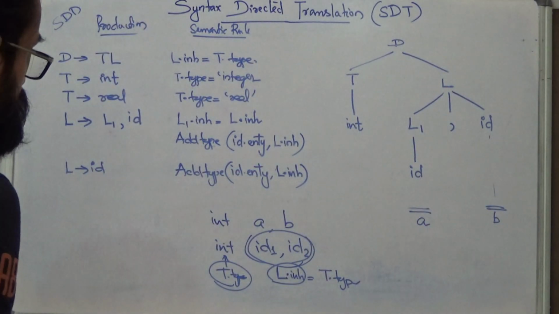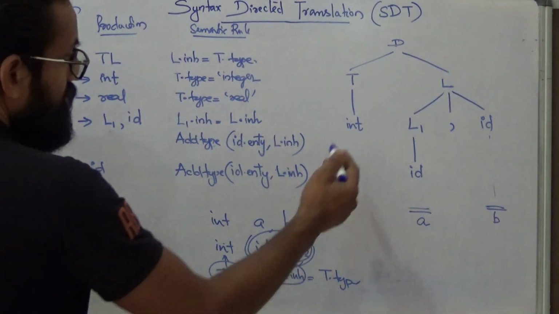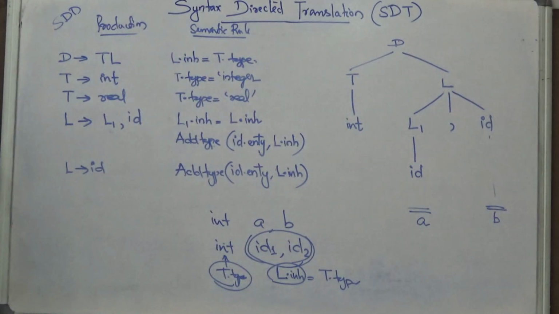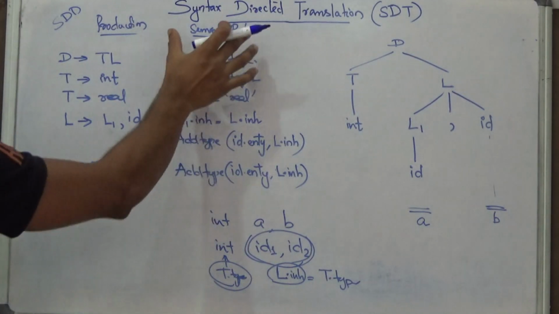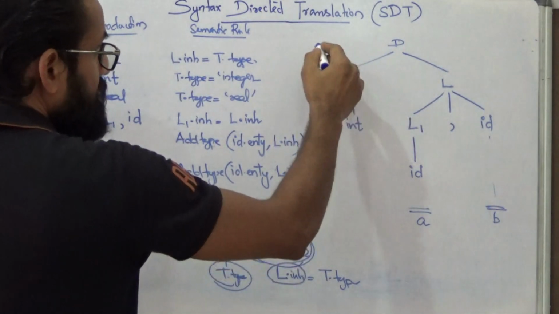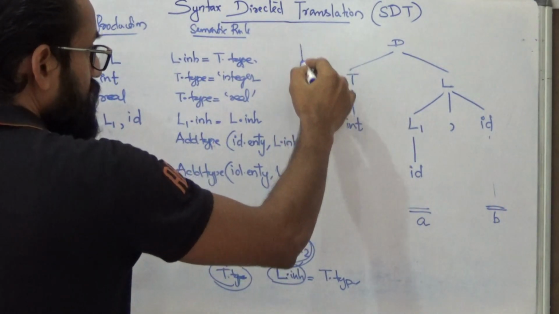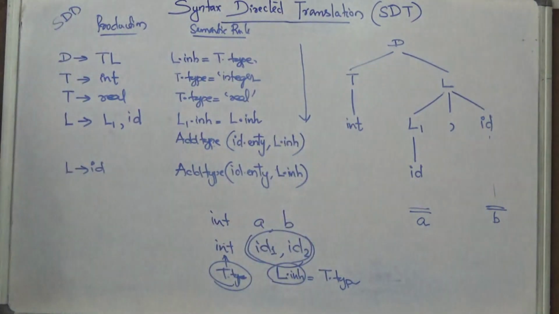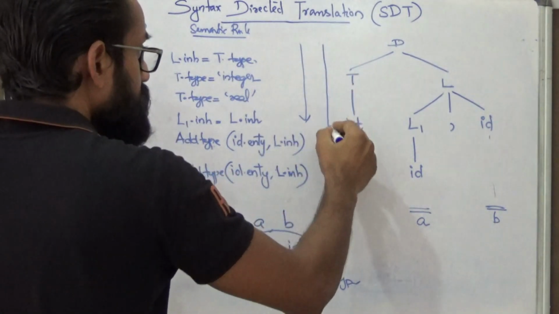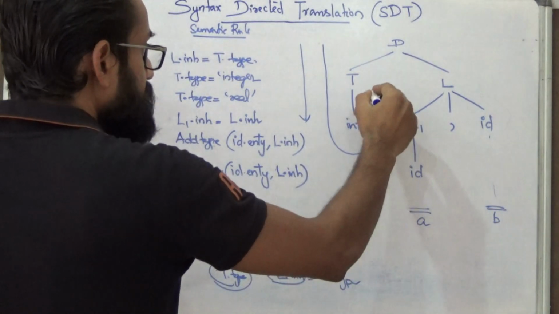If we process this parse tree, the syntax tree, based on the semantic rule, you will be moving from left to right in the order from top to bottom in this parse tree.